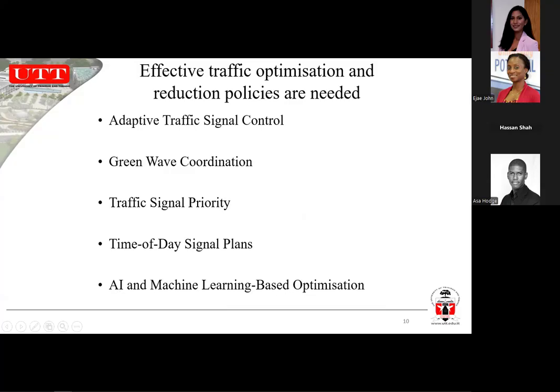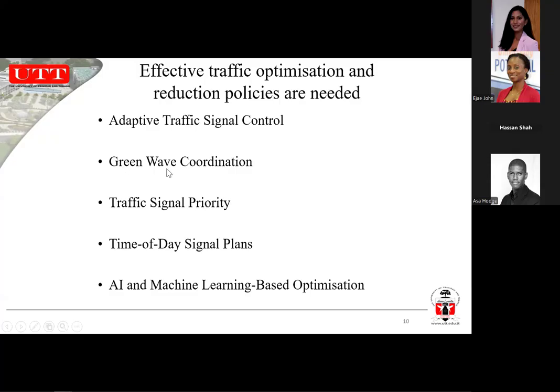And this simply uses sensors and AI technology that study traffic conditions in real time and adjust accordingly so that we can reduce travel time and the building up of vehicles at red lights. So for example, this is used in Los Angeles, and they have reduced travel time by 12% and intersection delays by 32%.